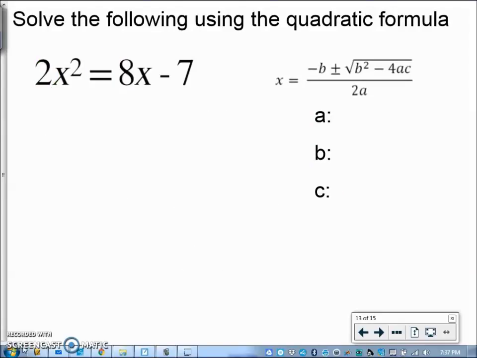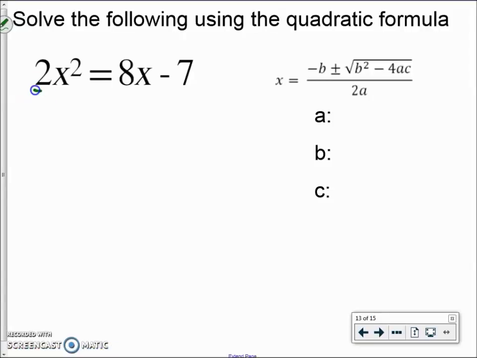All right, looking at this example, the common mistake is this. People will start identifying my a value correctly as 2. And from this point, things get hairy. People will say, oh, well, that's my b value, and this is my c value.